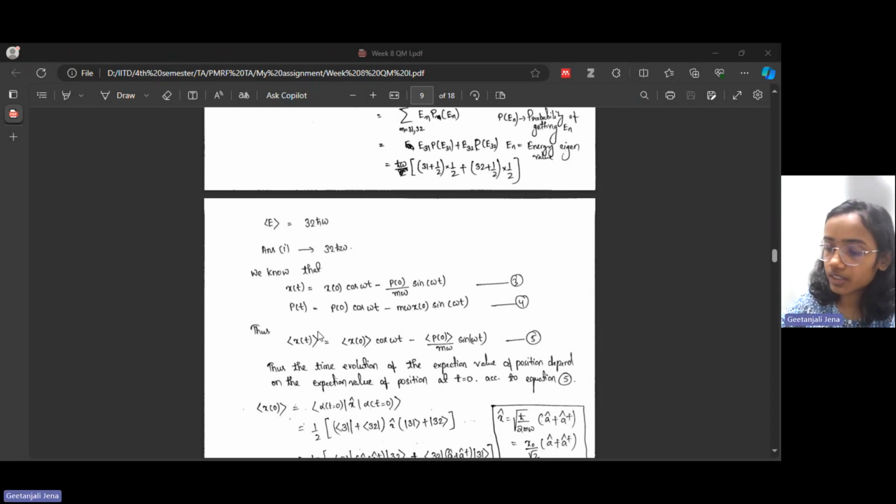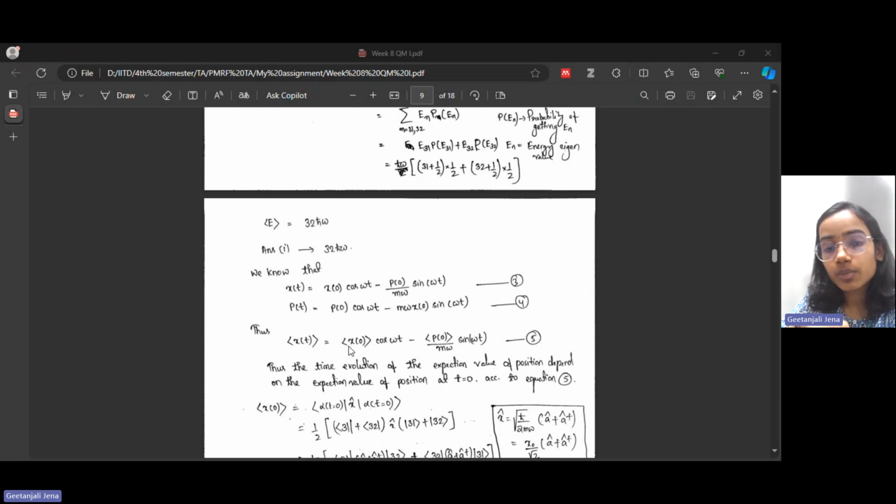That means the expectation of the position operator is the expectation of x0 multiplied by cos ωt minus the expectation of p0 multiplied by sin ωt by mω.